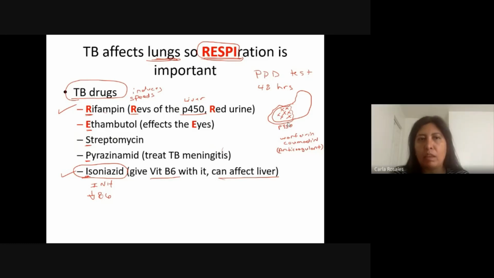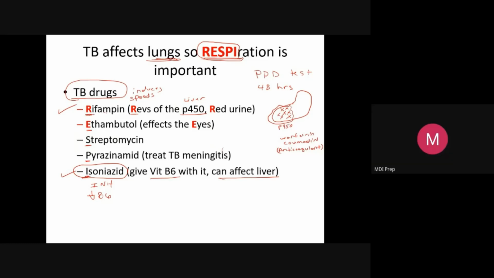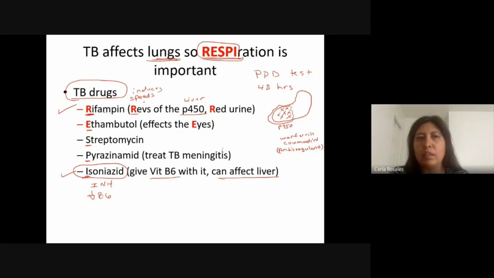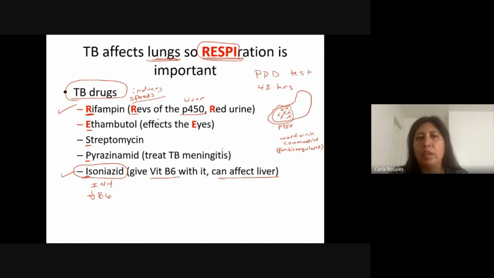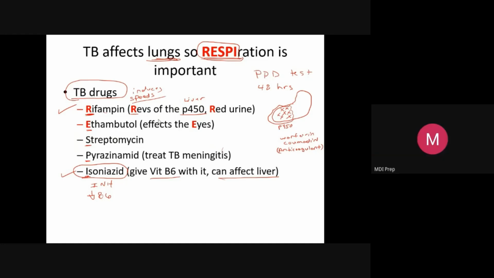Now rifampin is going to speed up the P450. That means warfarin is going to break down faster, and it's not going to stay in the body as long because you're going to get rid of it faster.